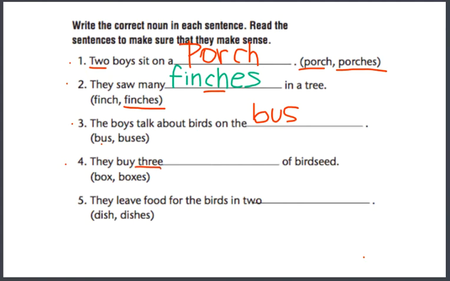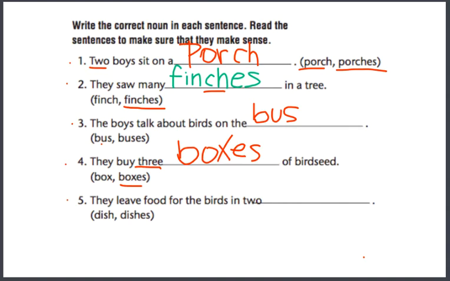Well, I know that the number 3 means more than one. So that's also going to help me know to pick boxes. B-O-X. Oh, my base word ends in an X. I add an ES ending. Boxes. They buy 3 boxes of birdseed.